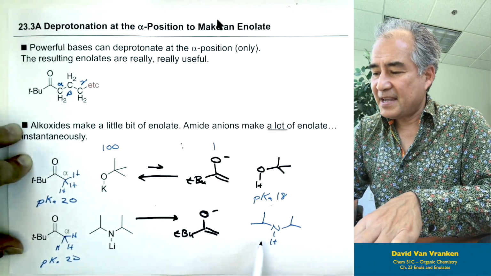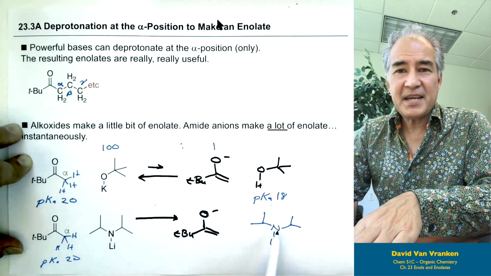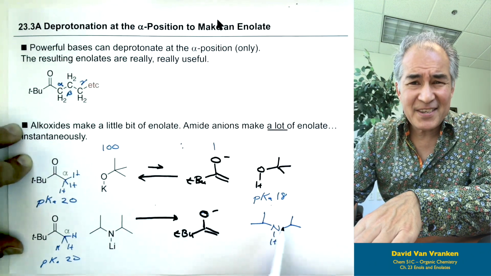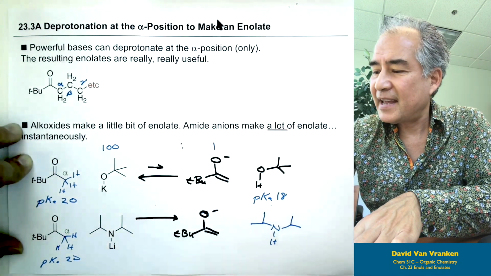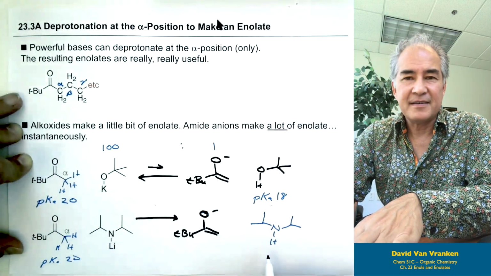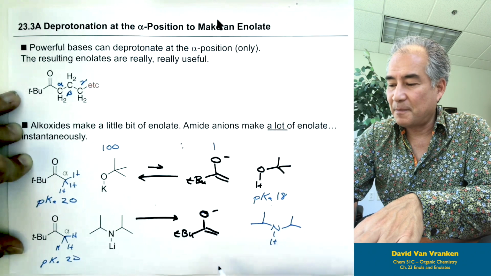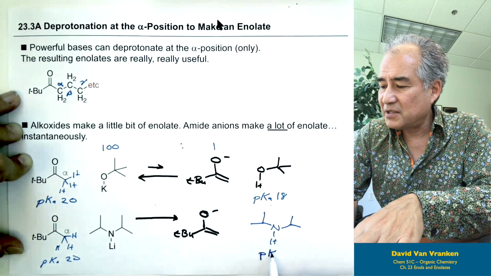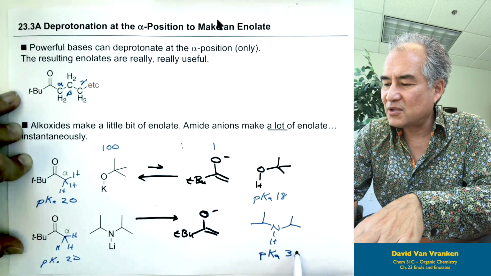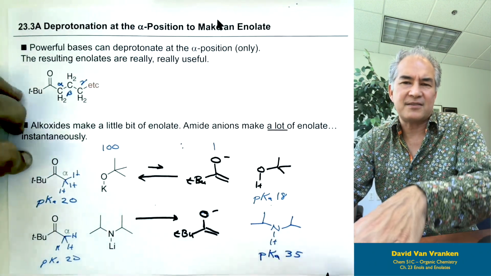And the pKa for this proton, amine NHs are not at all acidic. The pKa of that NH proton on a simple amine, dimethylamine, ammonia, those types of species, is somewhere on the order of about 35. That depends on the structure of what's attached to that amino group.